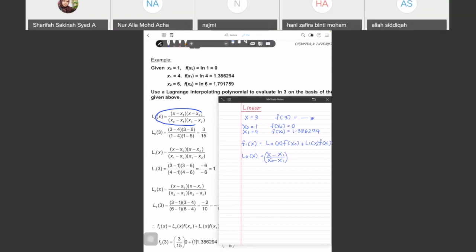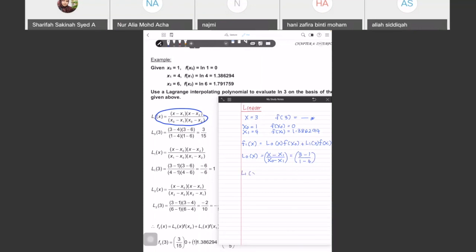So we stop here. Then replace the value. So you have here 3 minus 4, and then here x0 minus x1, so you have 1 minus 4. This is how you do the calculation for L0.